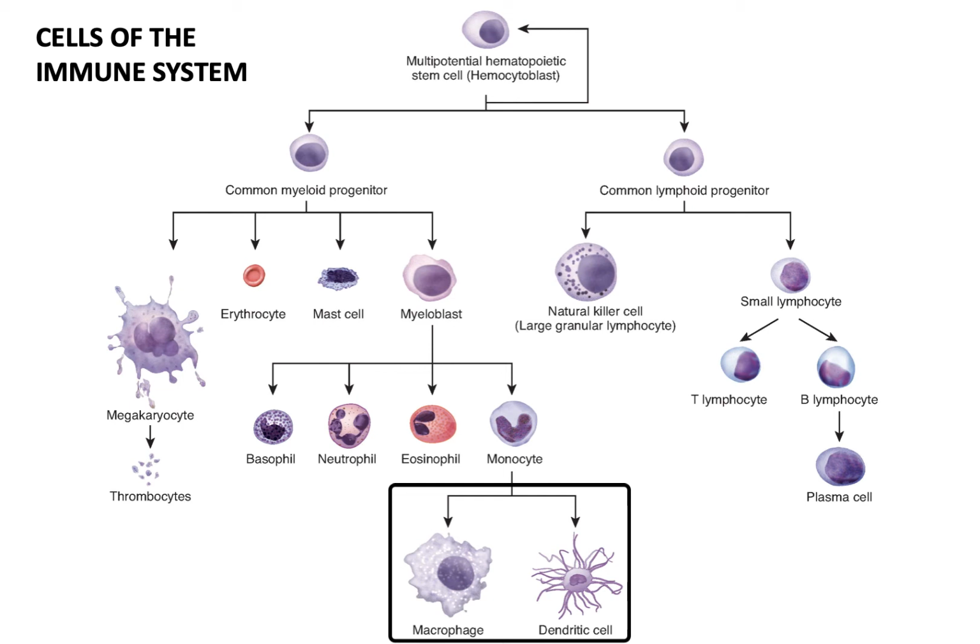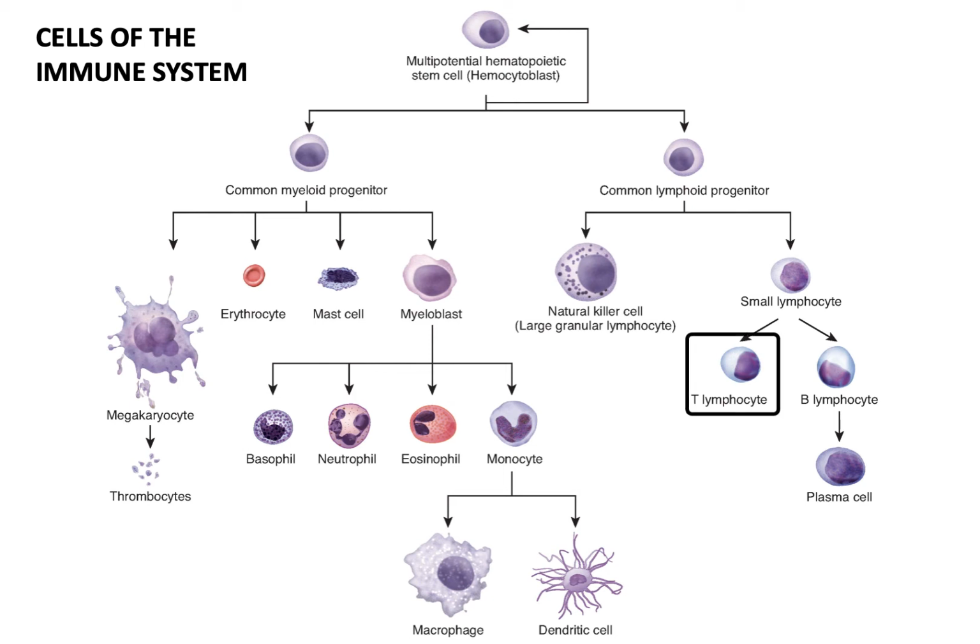In fact, they chase them around in some cases. And they also signal other cells, including being signaled by other cells, including the dendritic cells and some of these white cells up here, the basophils, neutrophils, eosinophils. They can also be signaled by T cells over here.